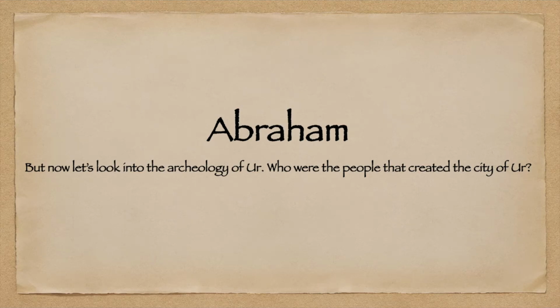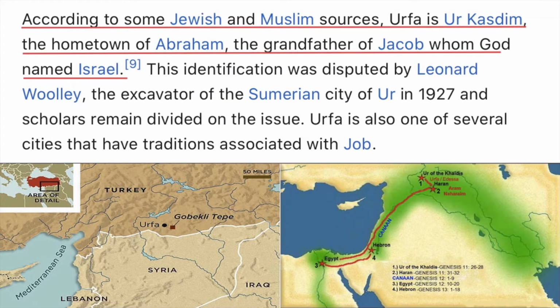But now let's look into the archaeology of Ur. Who are the people that created the city of Ur? According to some Jewish and Muslim sources, Ur is Ur Kasdim, the hometown of Abraham and grandfather of Jacob, whom God named Israel.